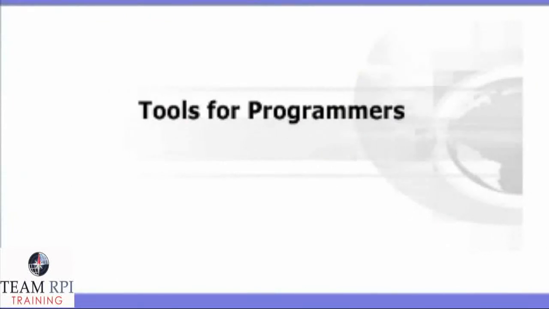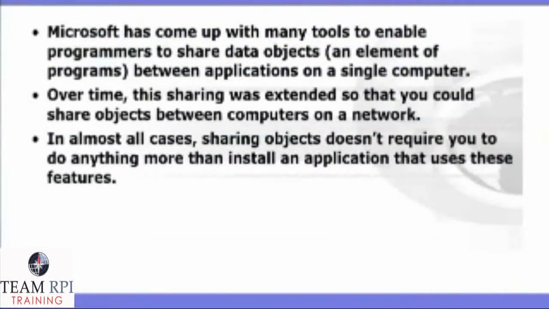Now let's take a quick look at some tools for programmers. Microsoft has come up with many tools to enable programmers to share data objects. Over time, this sharing was extended so that you could share objects between computers on the network. In most all cases, sharing objects doesn't require you to do anything more than install an application that uses these features.